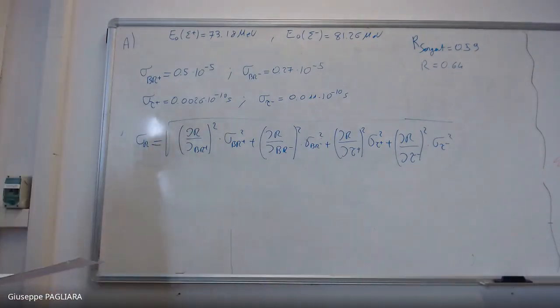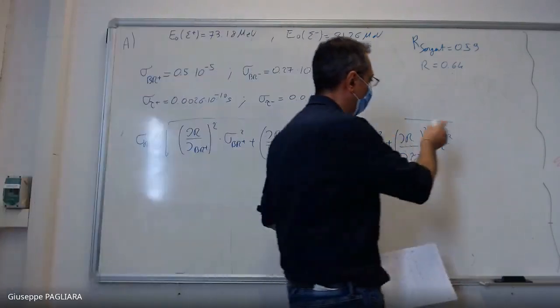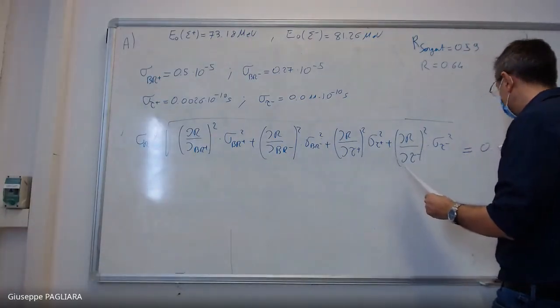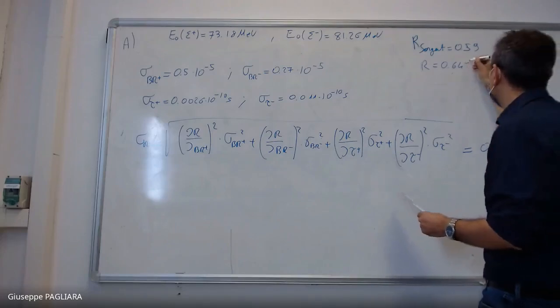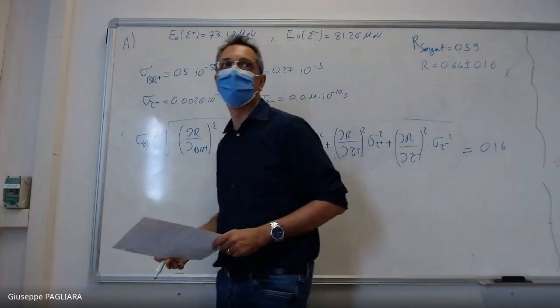You can do this yourself as an exercise. You can take all the partial derivatives of the main formula and substitute all the values. At the end, this is 0.16, so this is plus or minus 0.16. So the two are in agreement.